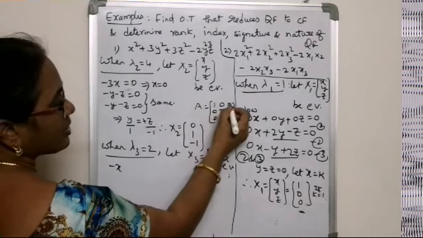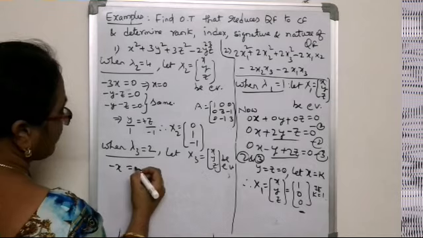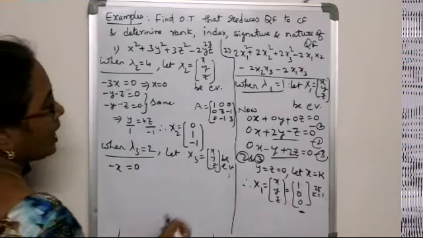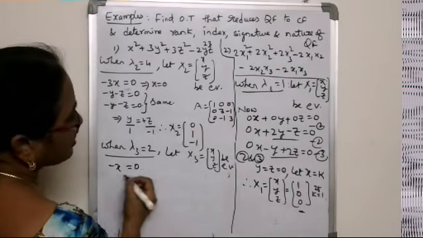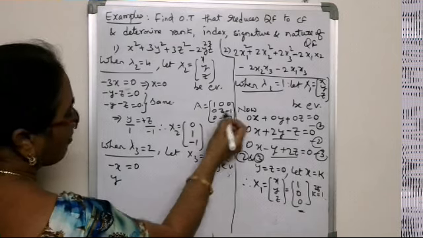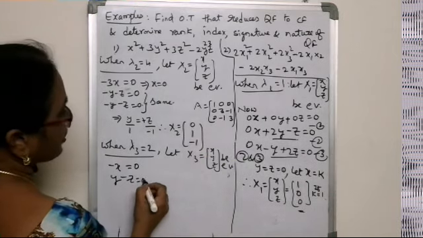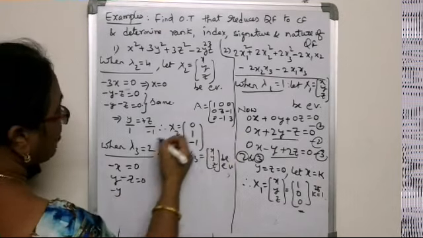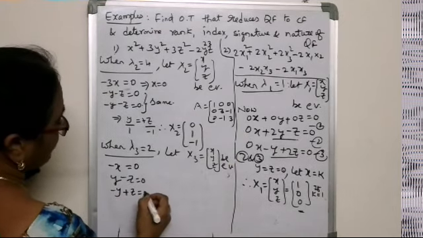Remaining coefficients are zeros. Minus x is 0. From the second row we have 0x plus 3 minus 2, we have y minus z equal to 0. From the third row we have 0x minus y plus 3 minus 2, we have plus z equal to 0.